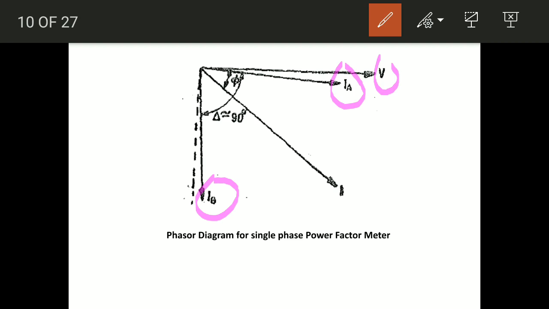So from the nature of pure resistance and pure inductor, we know that in case of a resistor the voltage and current are exactly in phase with each other.